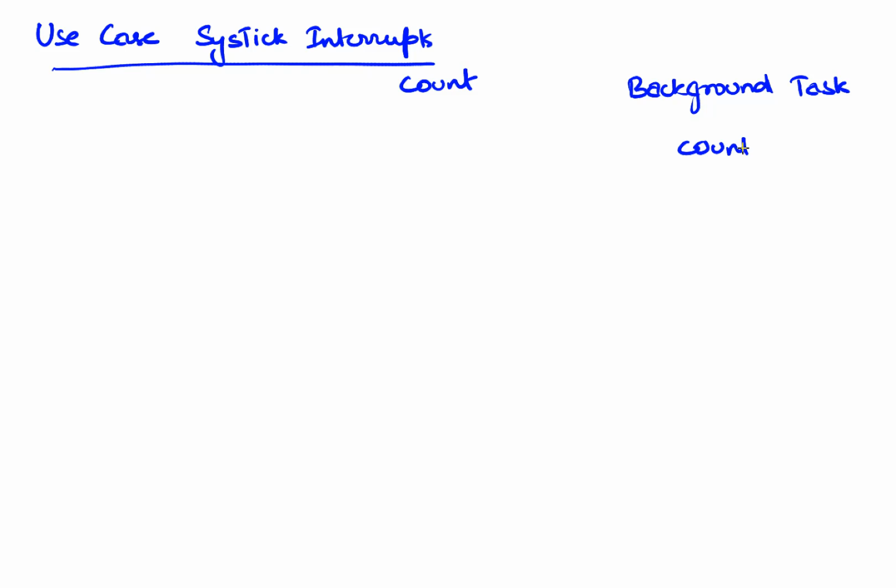It'll do a count plus plus, but it'll do it periodically, which means this background task is going to run at a period we set. And every time it runs, it's going to increment this count by 1.